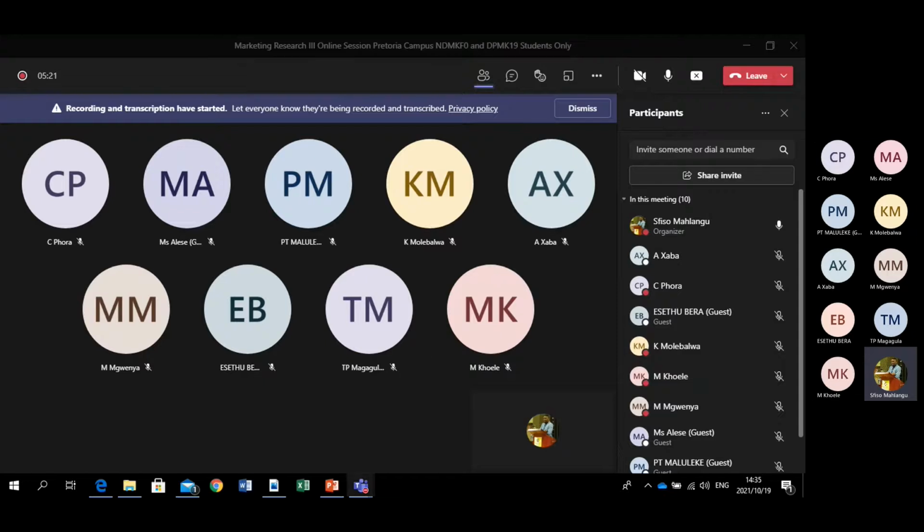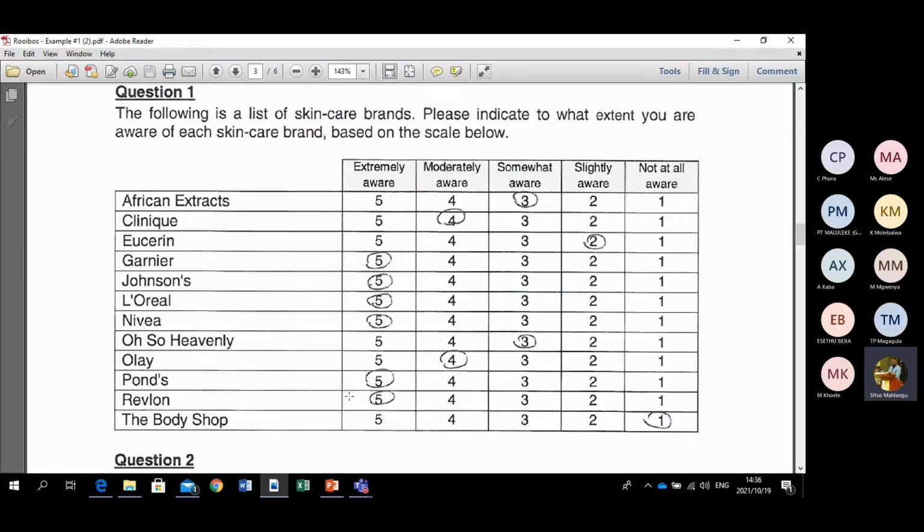Question one says the following is a list of skincare brands.